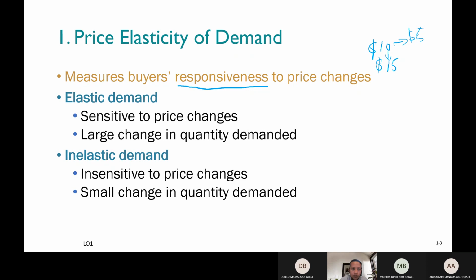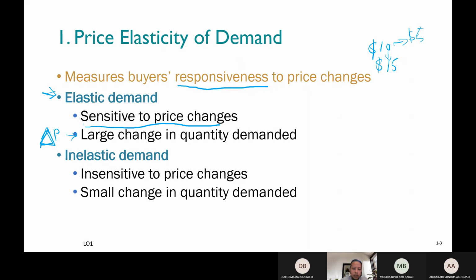For an elastic demand, imagine the rubber band like I mentioned just now: the more elastic it is, the more sensitive it is to price changes. A small change in price, usually represented with the triangle symbol for change, results in a large change in quantity demanded.